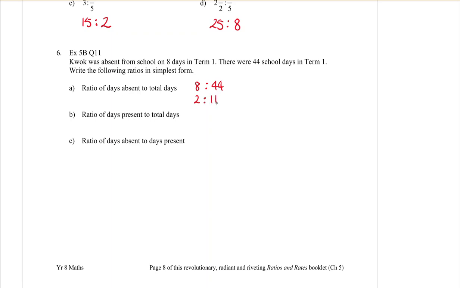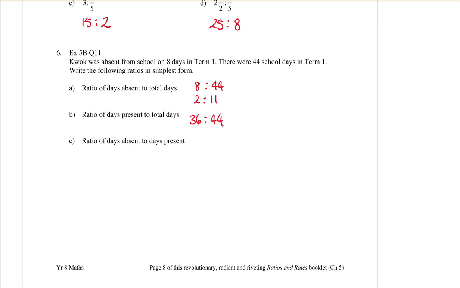Okay, part B. The ratio of days present to total days. If he was away for 8 days, how many days was he actually present? 36. Yeah, you want to subtract the 8 days that he was away, so 44 minus 8 means he was there for 36 days. And of total days, 44. What can I divide by? 2.